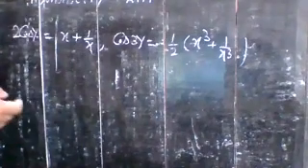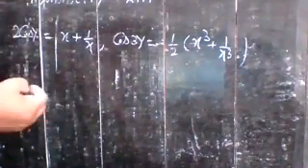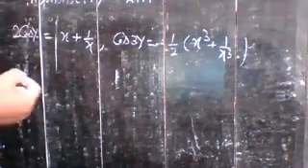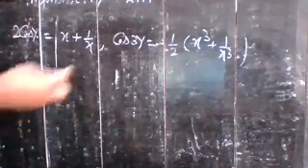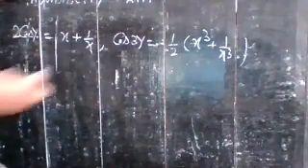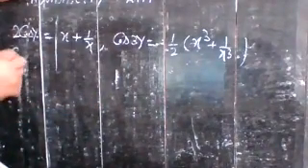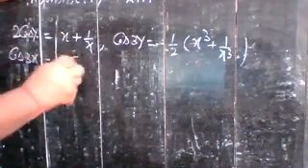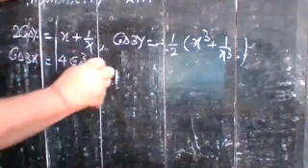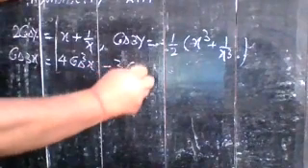So you know the identity of cos 3x. Cos 3x is equal to 4 cos cube x minus 3 cos x. Okay. So you start from this identity.